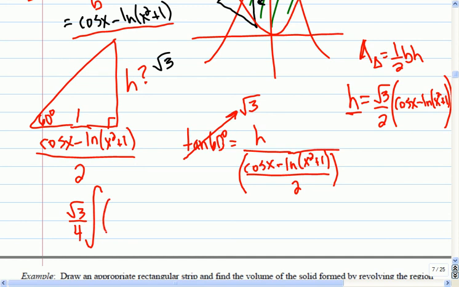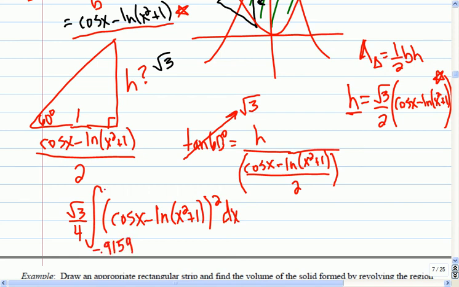And both pieces have that same equation. So I'm just going to write it one time as cos x minus natural log x squared plus 1, whole thing squared. And it's the same points that we had last time. So 0.9159 to 0.9159. Okay, so it just tells us to write it and not evaluate it. So this would be the answer for that question, that messy one.